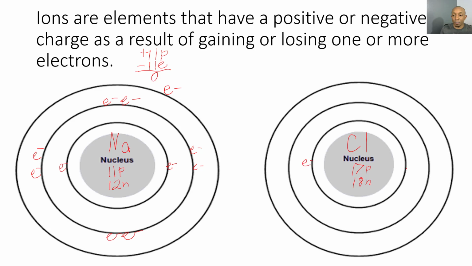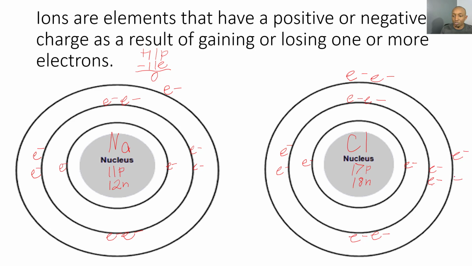So now let's go ahead and put our 2 electrons on that first ring. Let's put our 8 electrons on this second ring. I always like to draw my e with the negative sign, which reminds us all that electrons have a negative charge. So now we have 2 on this first ring, we have 8 on the second ring, that's 10. That means we need 7 more to make it neutral in this atom.